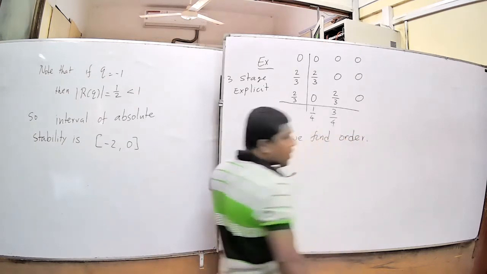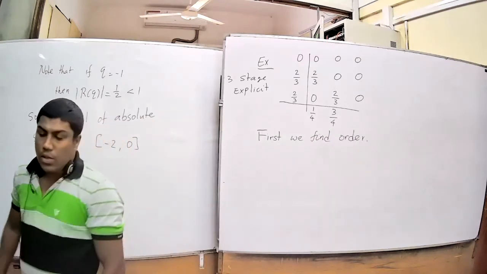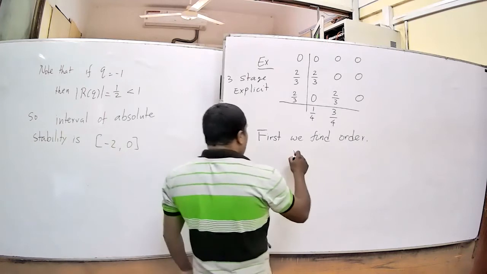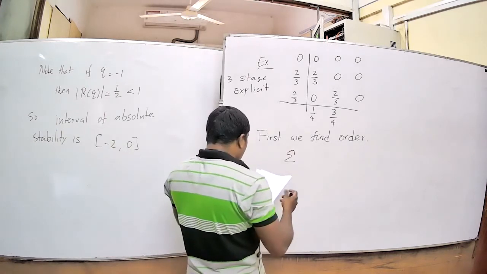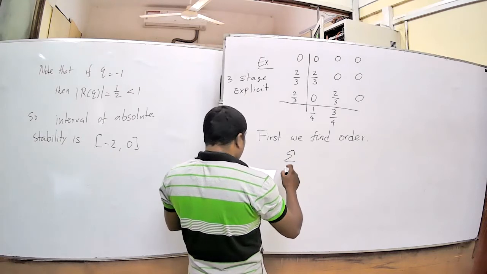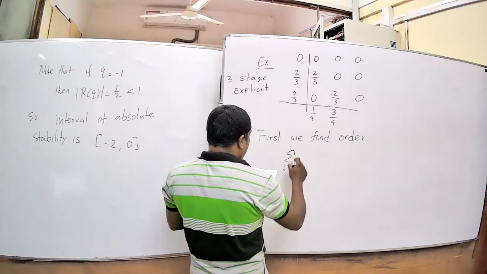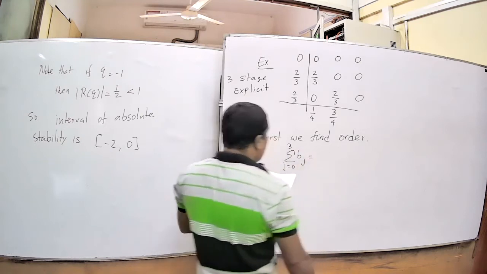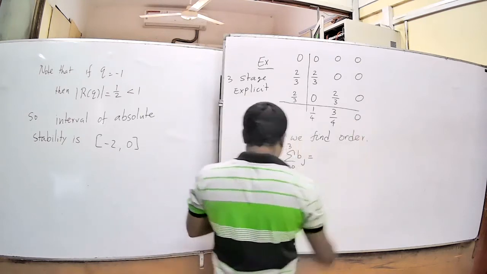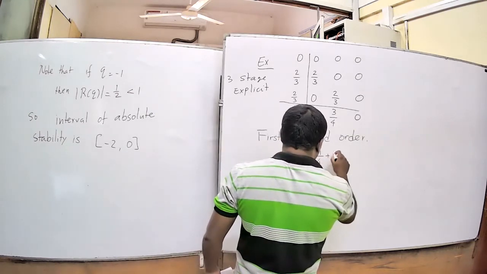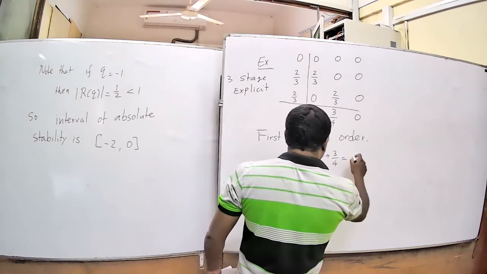We have a formula structure to find the order. We will start with the summation of bj.